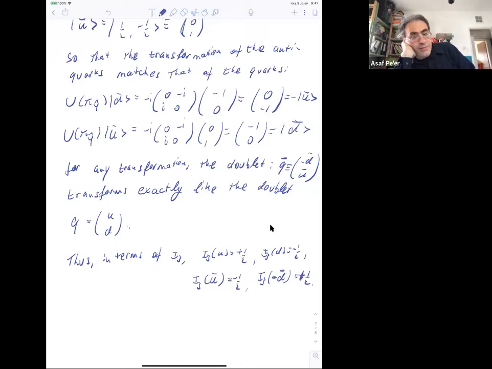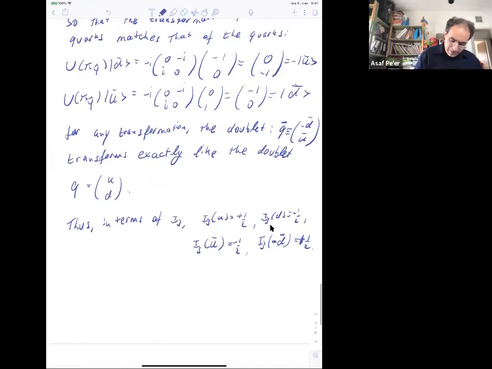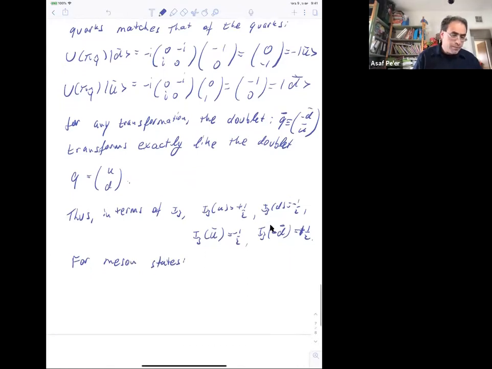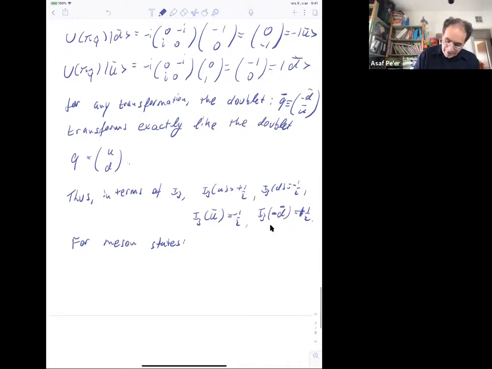So if you want to study the meson states, we now have to add the doublet and anti-doublet. For meson states, you must add the doublet plus anti-doublet.